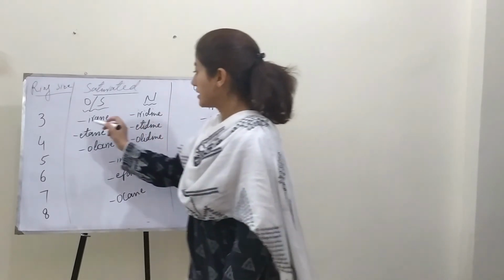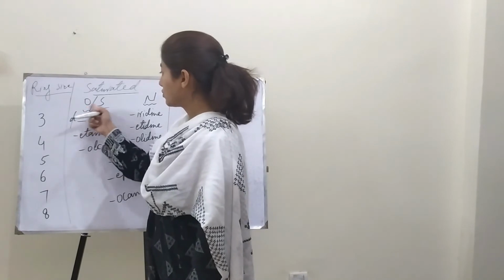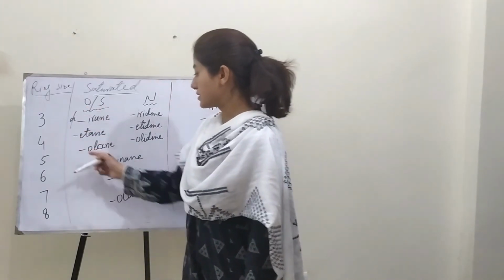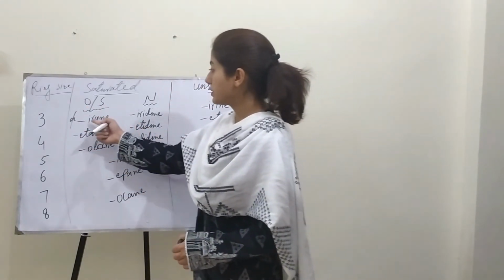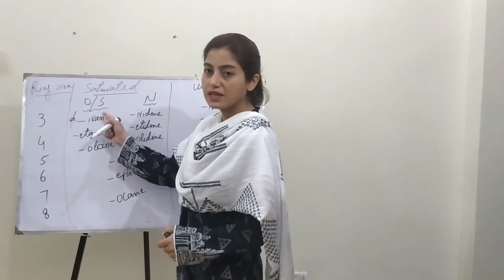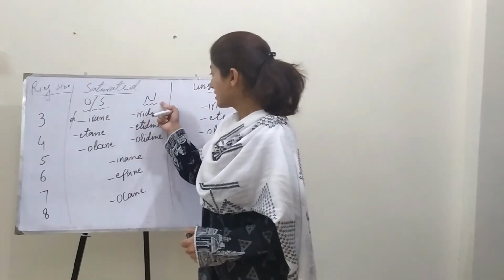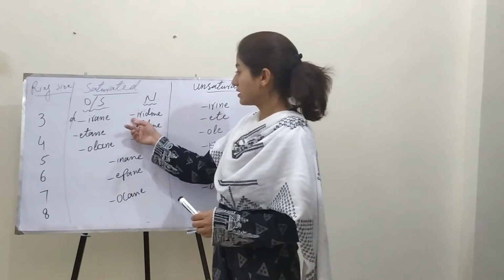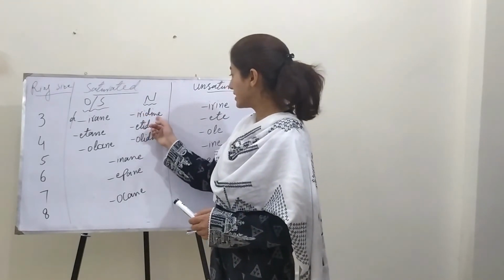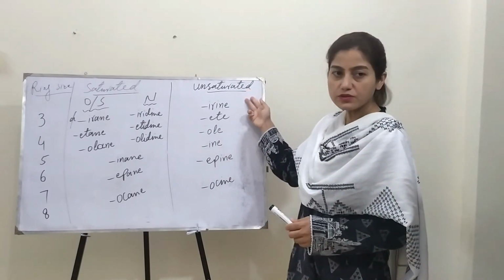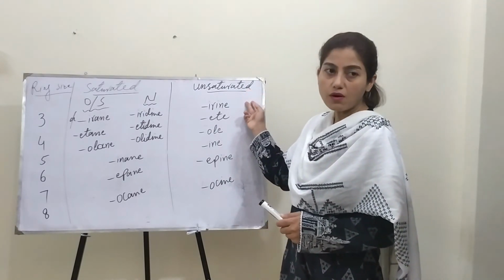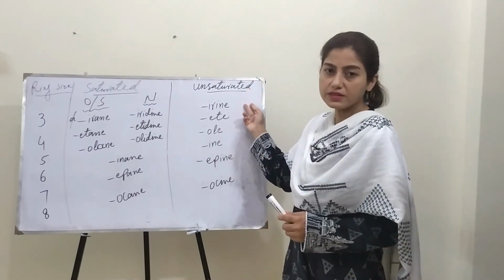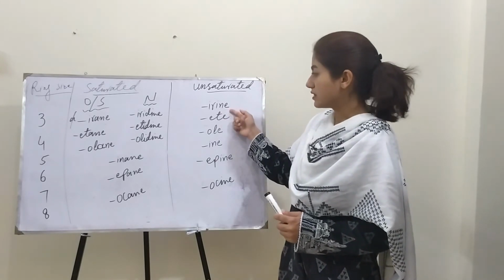But the A would be omitted in all of these cases. So it would be oxirane and thiirane. And in the case of nitrogen, that would be iridine. And in the case of an unsaturated system with either oxygen, sulfur or any other heteroatom, it would be irene.